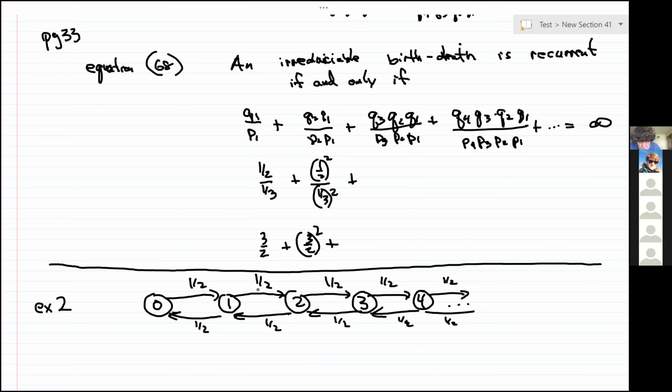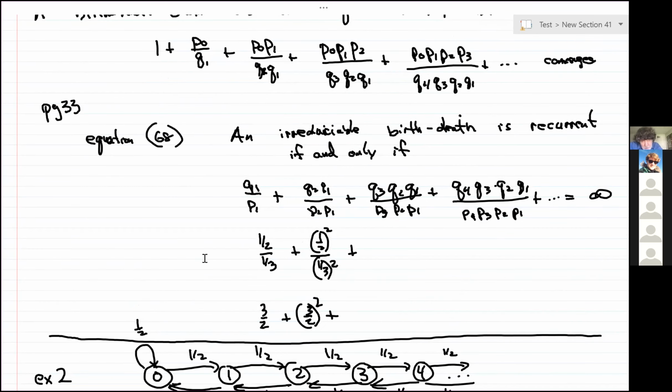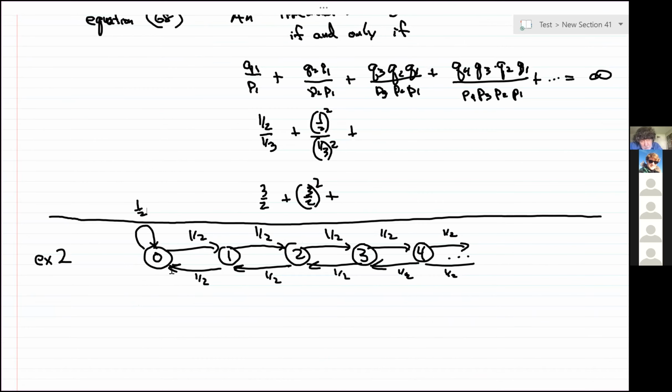That means there's no return probabilities except for here, which has a probability of 1/2. Okay, what I'm describing now is an infinite birth-death chain with a 50-50 chance of going up or down at each step of the way. Another way to think of this is flip a fair coin. If it's heads, you go up. If it's tails, you go down.